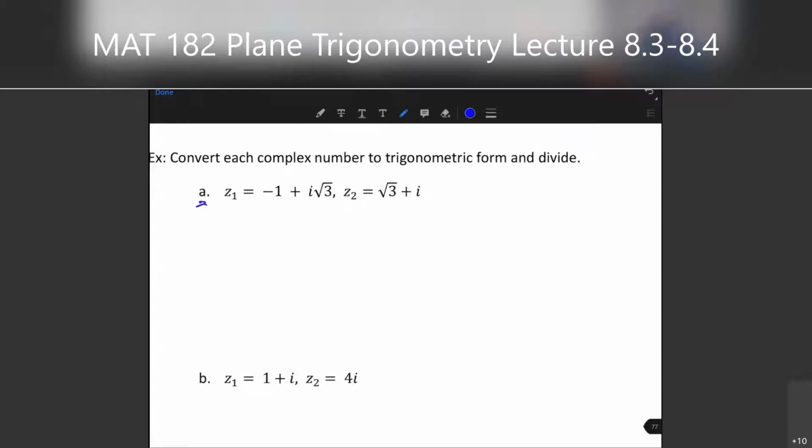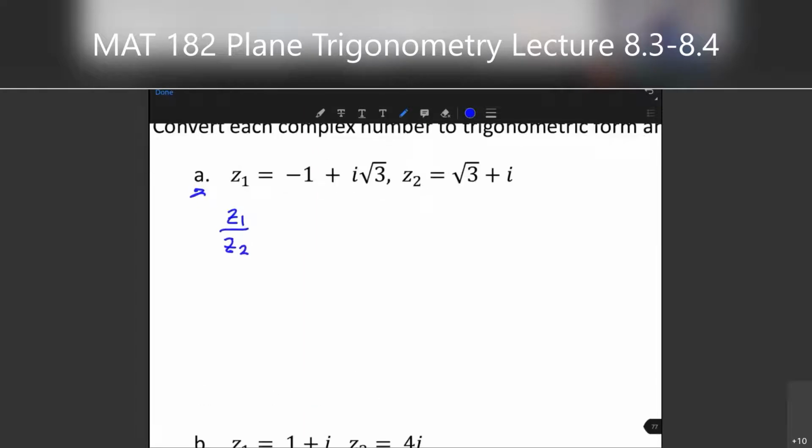So if I was going for Z1 divided by Z2, the quotient of those complex numbers that we have here, well, I'm going to line these up just like they are. So that would be Z1, which is -1 plus I square root of 3, in the numerator. And then Z2 I'll place in my denominator, just like I would with a division.